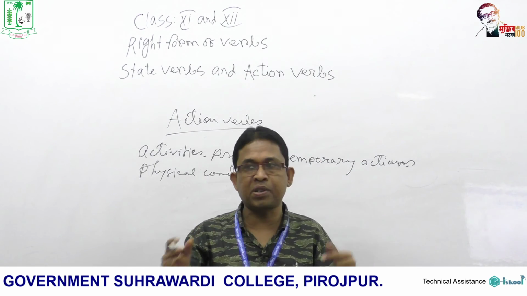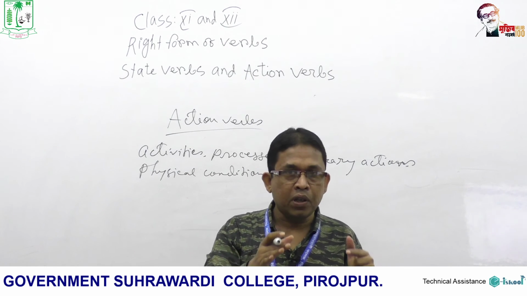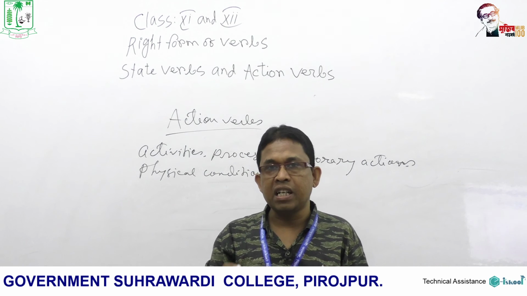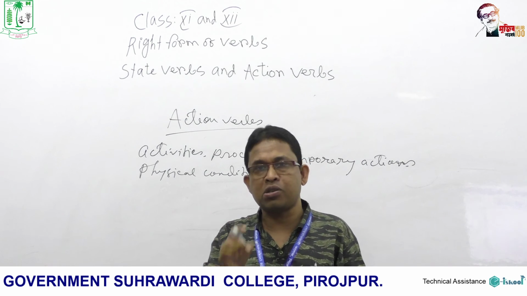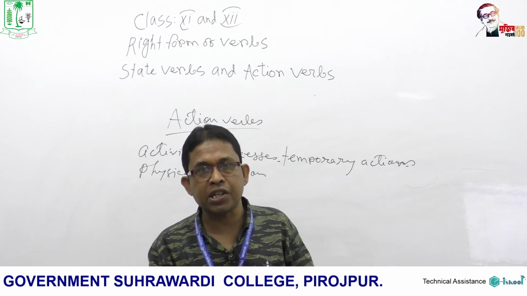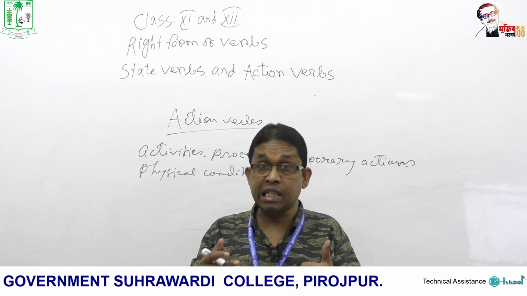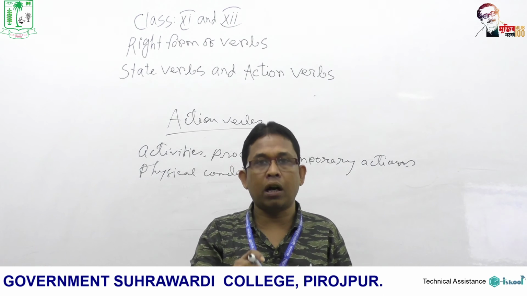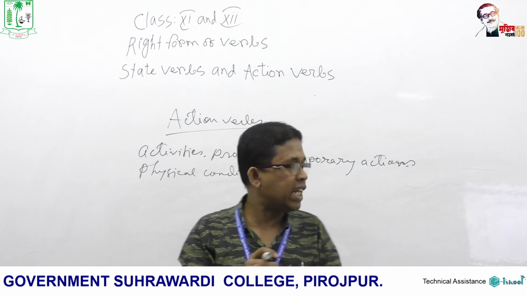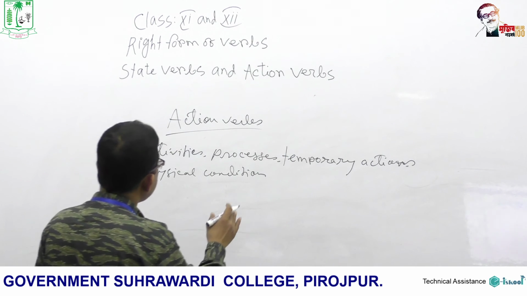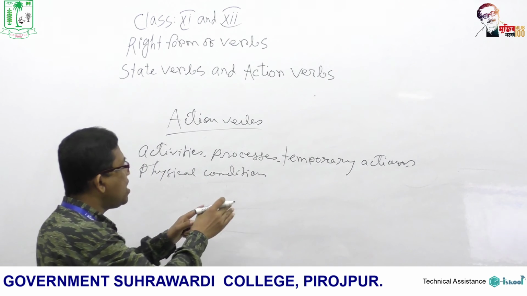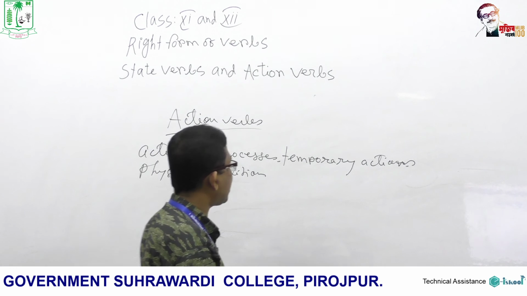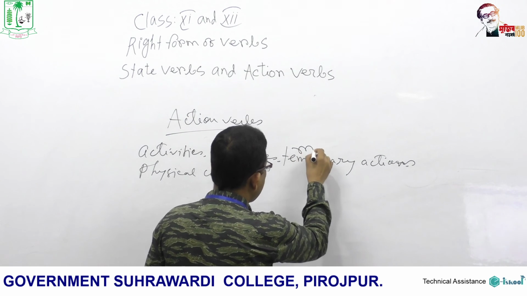So, what is the basic difference between state verbs and action verbs? State verbs indicate or denote some states or conditions which are relatively static, that is immobile or set or fixed, whereas action verbs express some activities, some processes, some momentary actions or physical conditions.